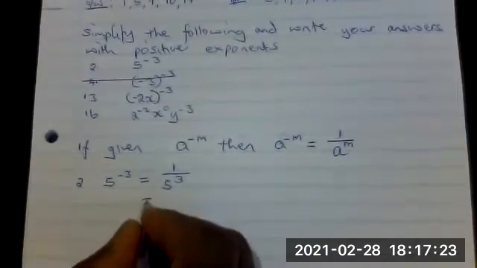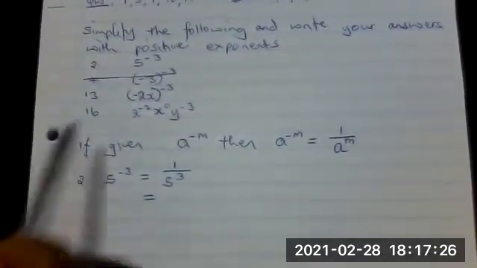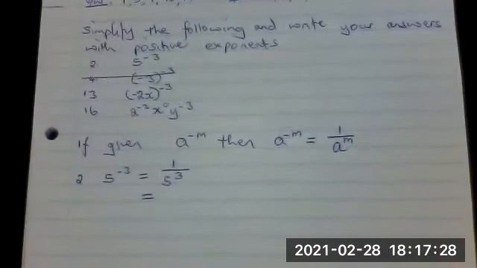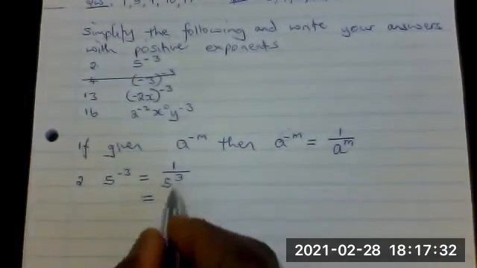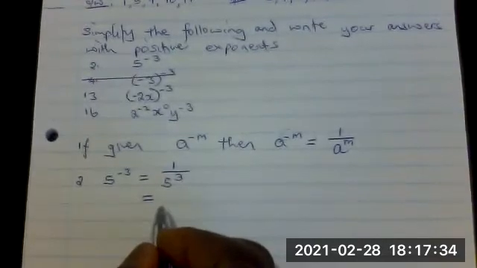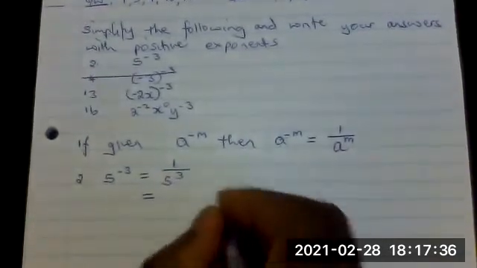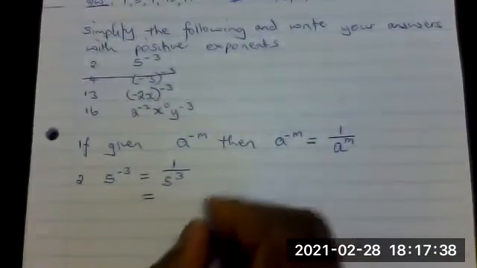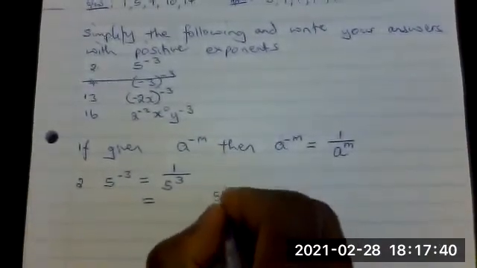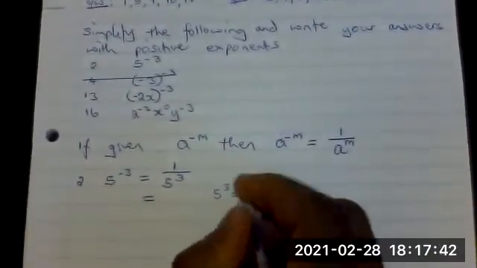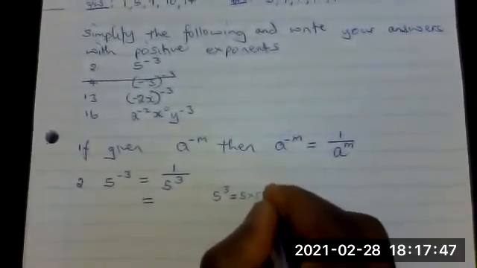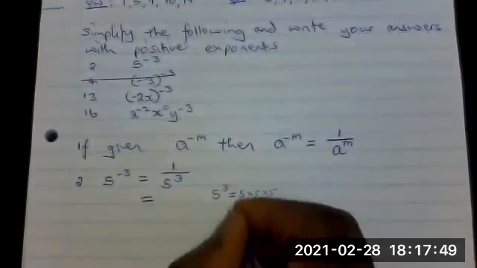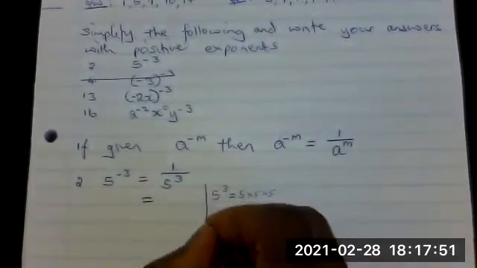Since the question says simplify, we have to simplify 5 to exponent 3 because we are dealing with numerals throughout. 5 to exponent 3 is 5 times 5 times 5, but you can just make use of a calculator. You'll be given the value there and then.